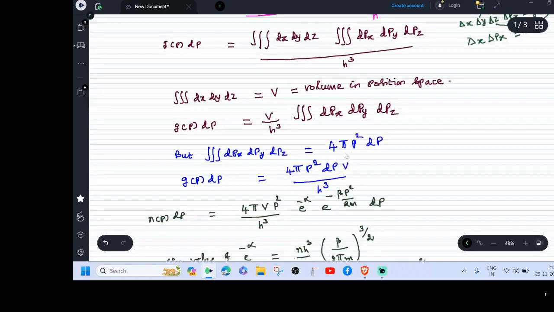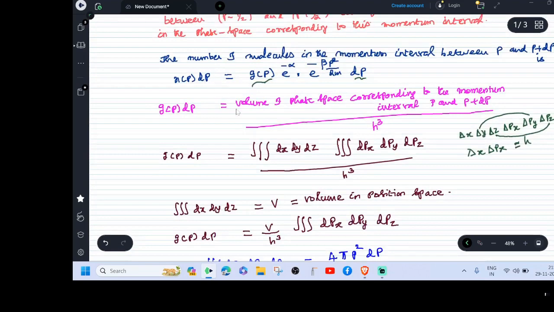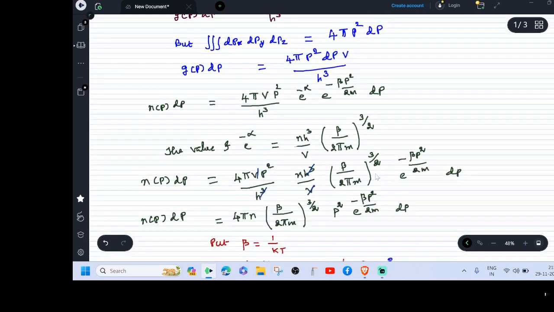The value of the integral is 4 pi p square into dp. Now the value of g of p into dp becomes 4 pi p square dp into v divided by h cube. Then n of p into dp equal to 4 pi v p square by h cube e power minus alpha e power minus beta p square by 2m into dp.